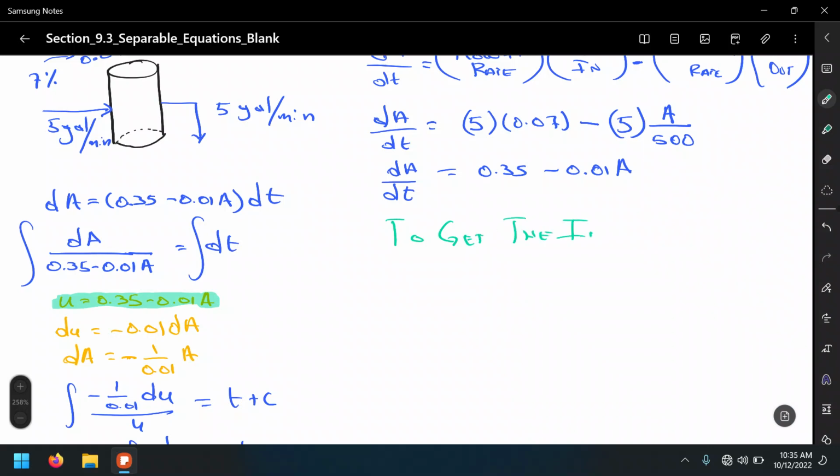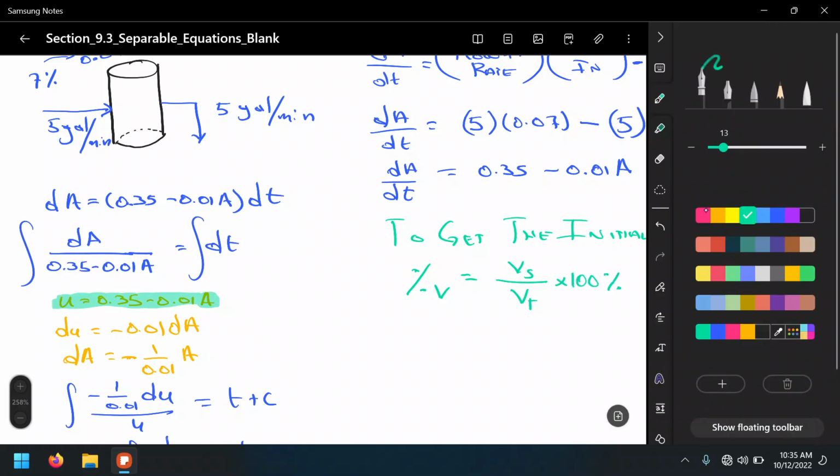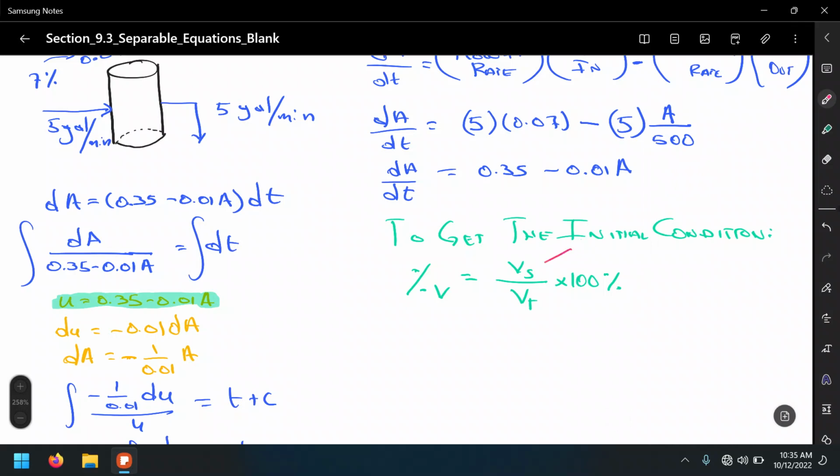So to get the initial condition, something to keep in mind is, let's recall the formula to find the concentration by volume. Percent by volume is the volume of the solute over the total volume times 100%. This is something you have done in your chemistry or basic science course.